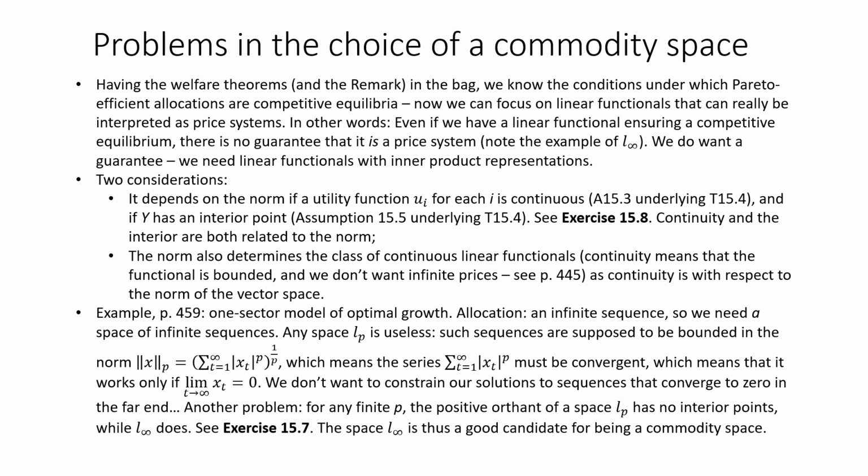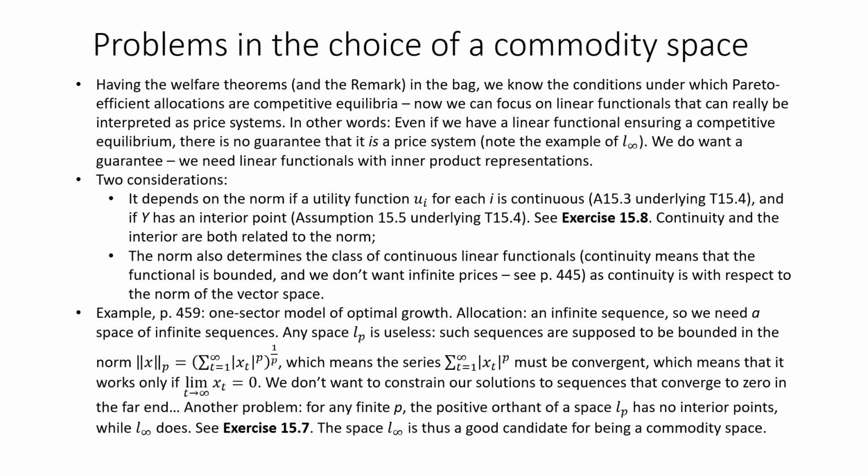Any space LP is useless, because these sequences are supposed to be bounded in the norm, by which they must be convergent to zero. And if we chose this space as the commodity space, we would limit ourselves to solutions that are convergent to zero in the far end.